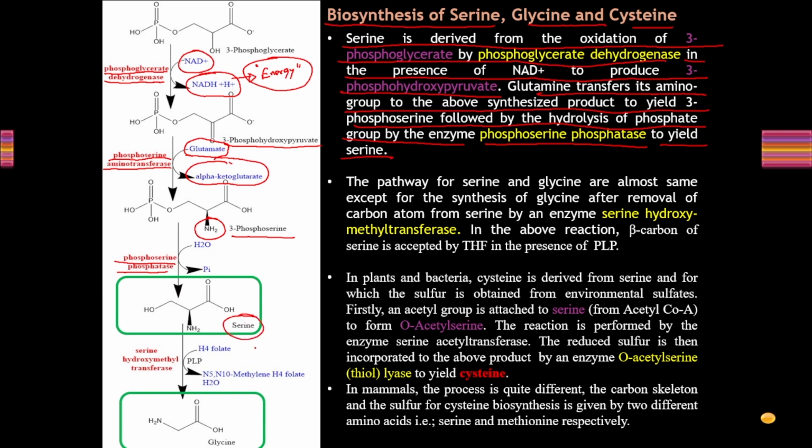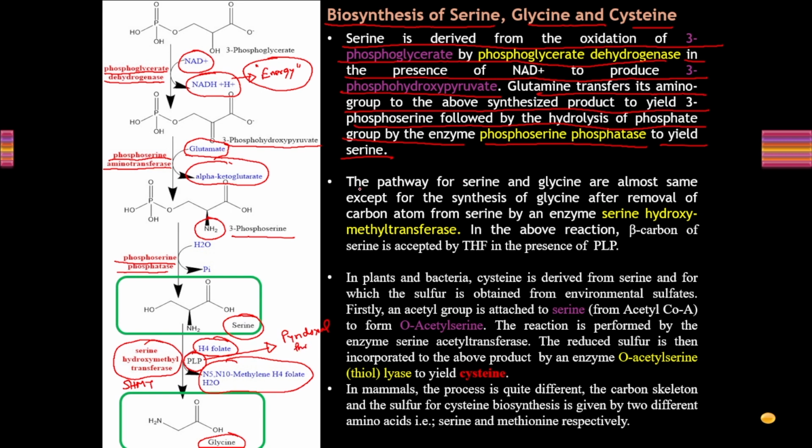Once the serine is formed, it is acted upon by the enzyme called serine hydroxymethyltransferase, or SHMT, and with its help the serine is converted into glycine. The tetrahydrofolate is converted into N5,N10-methylene tetrahydrofolate, and the serine hydroxymethyltransferase, the SHMT, always utilizes PLP, or pyridoxal phosphate, as a cofactor for catalyzing these reactions.